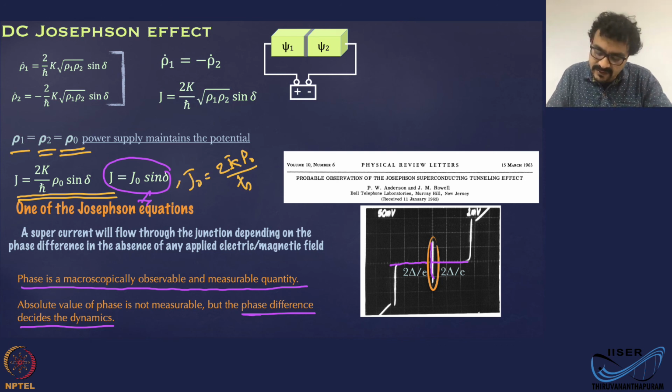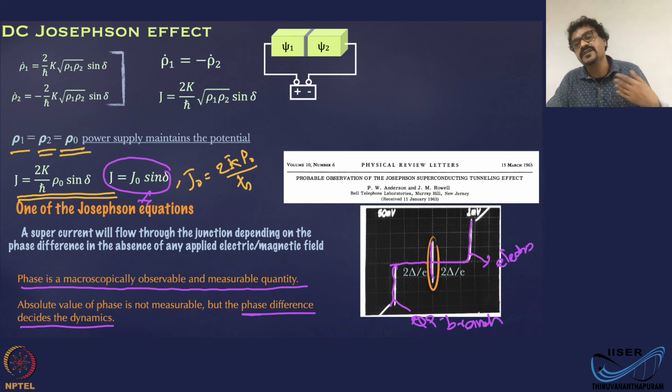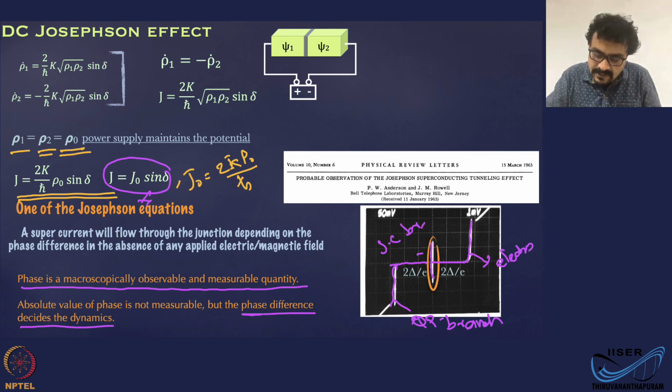Then on this side you have current, but that current is because of the electrons. So this is your quasi-particle branch of the superconductor. This is not a normal metal. And this is your supercurrent branch.